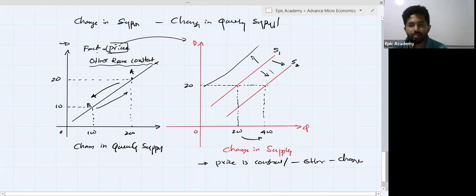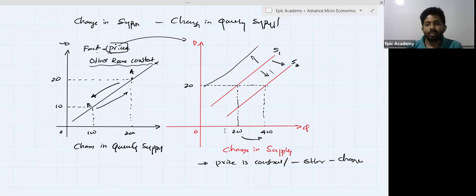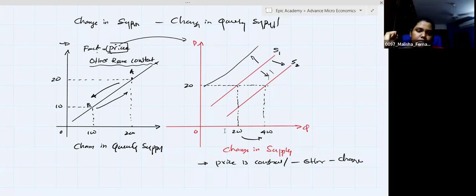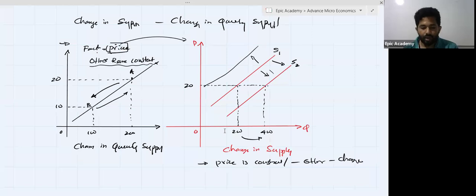We have to identify those things. Now we identify the difference between changing quantity supplied and changing supply. Basically, you have to identify the reason behind that situation. It is very important: the reasons and the curves.